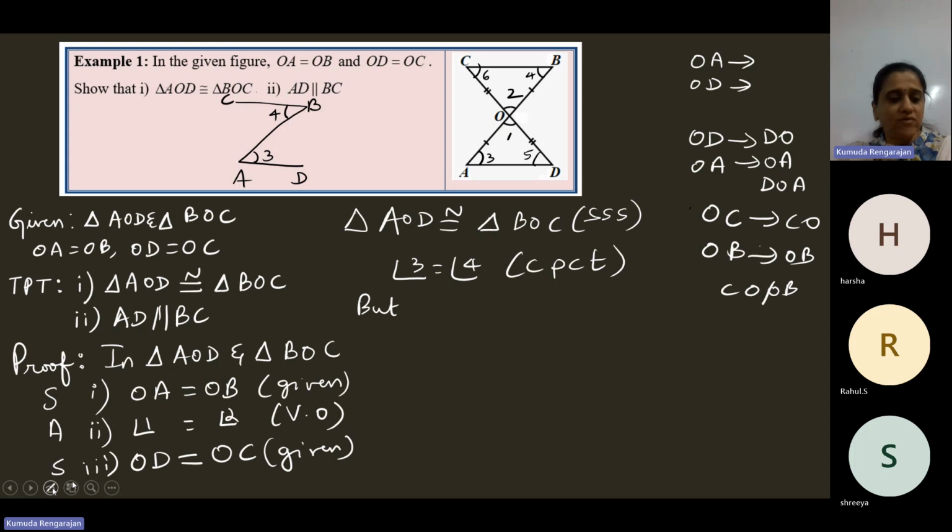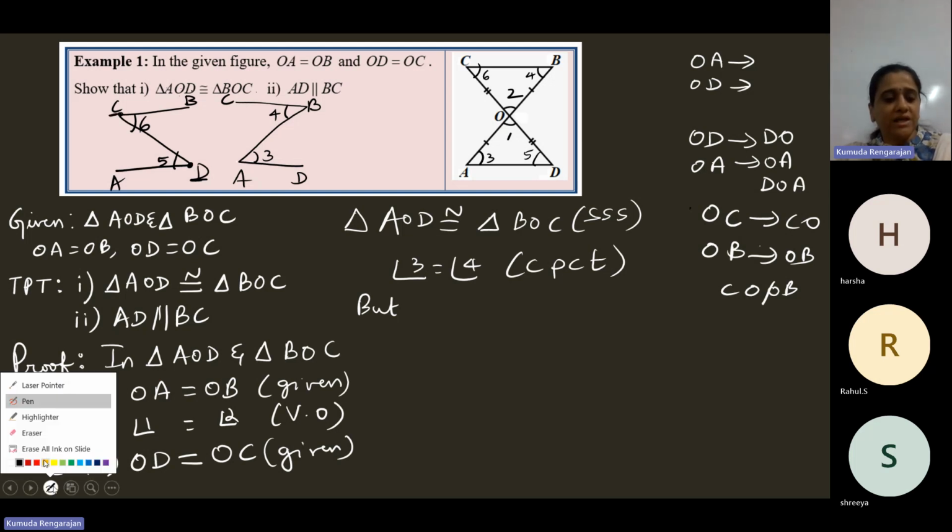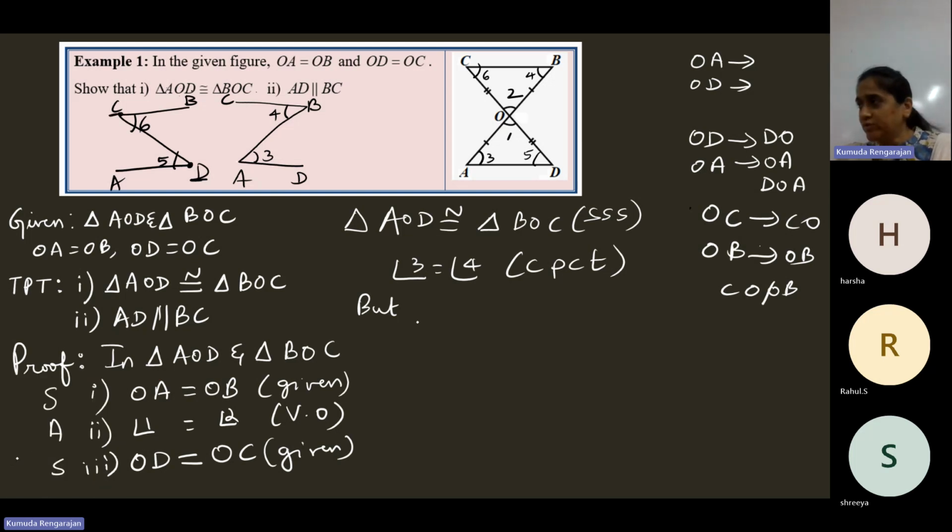Or you can also write angle 5 is equal to angle 6. See, if you consider this Z. What is the vertex here? Surya, what is the letter here? D here. B here. Vertex D. Vertex C. See, vertex D of the first triangle is equal to vertex C of the second triangle.